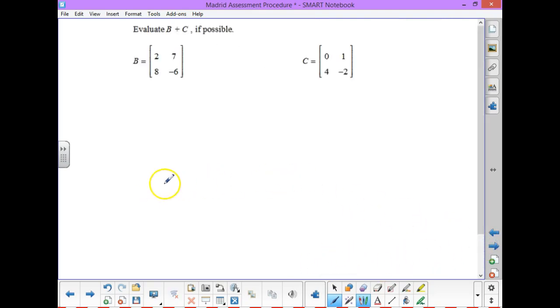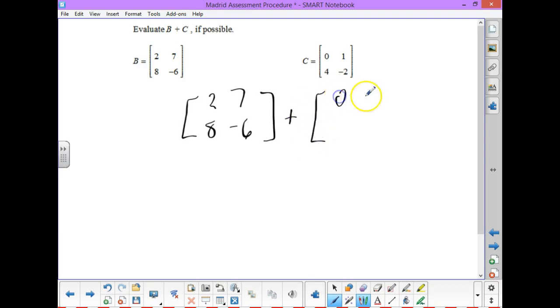And lastly, evaluate B plus C. All you would have to do is add them. So let's go ahead and do that here for you guys. 2, 8, 7, negative 6. So this is actually an easier version of this last problem. 0, 1, 4, negative 2.